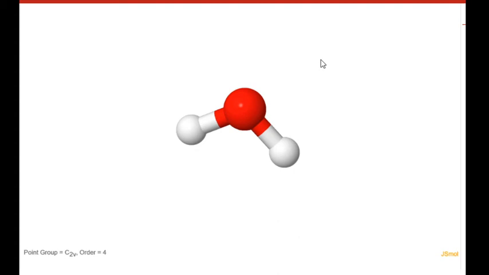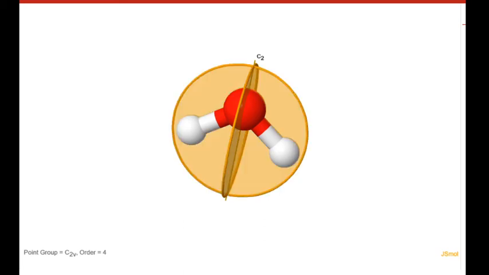For example, if you take the water molecule, it has one C2 axis of symmetry, and this axis passes through the oxygen atom. Okay, and it has two vertical planes, that is sigma v xz and sigma v yz.